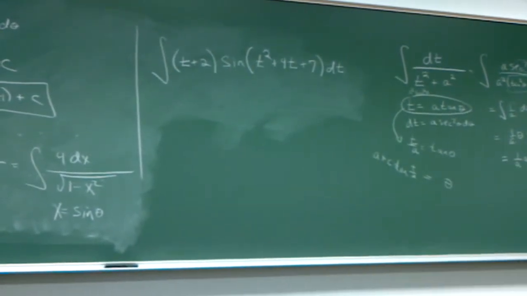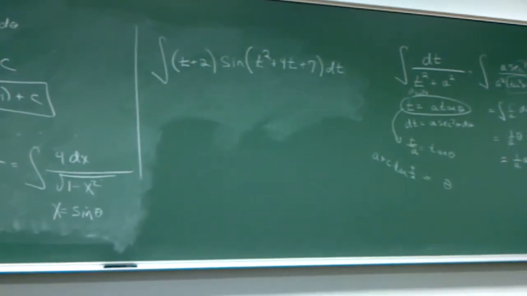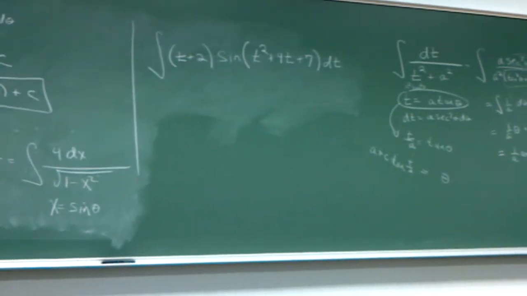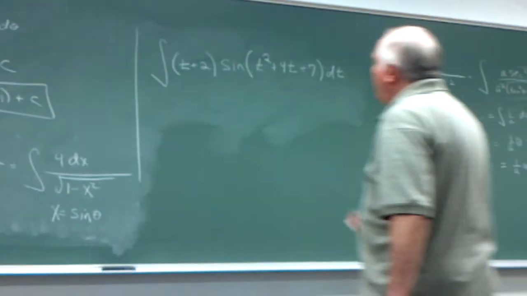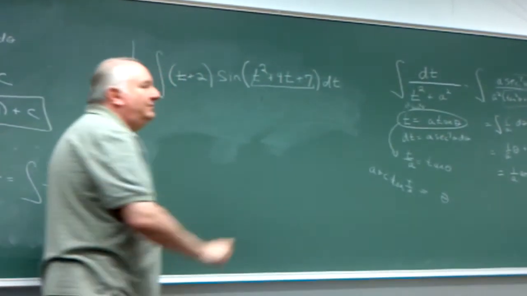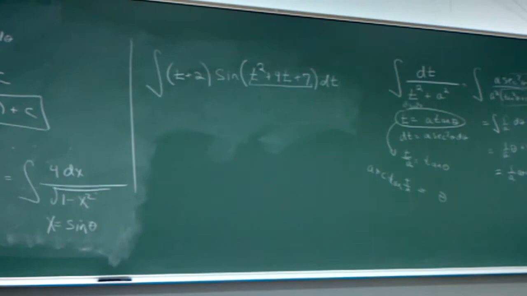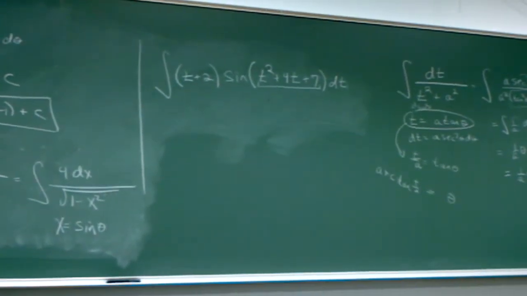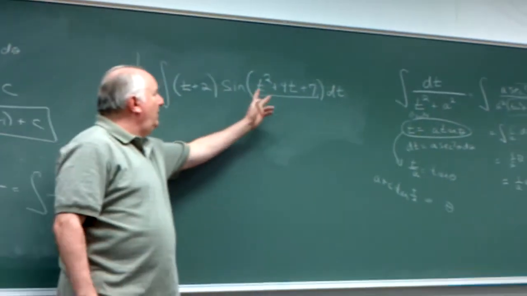So, you've got something that's plugged into the sine. What we'd really like is for the derivative of this thing to be what's left over. Well, what's the derivative of this thing? 2t + 1.